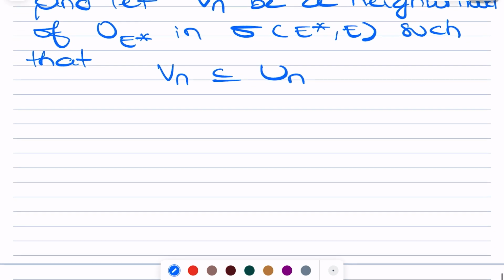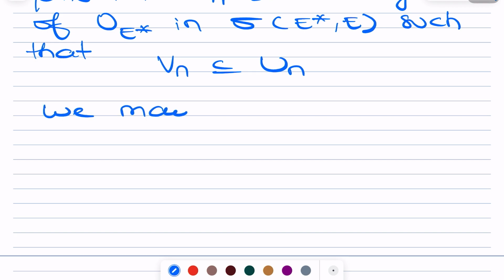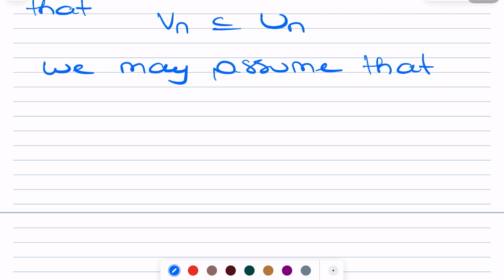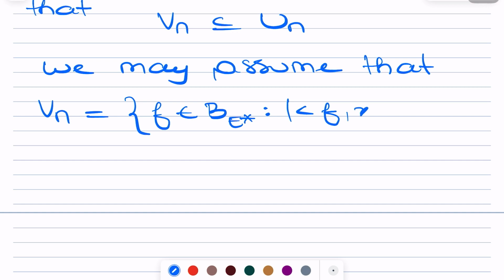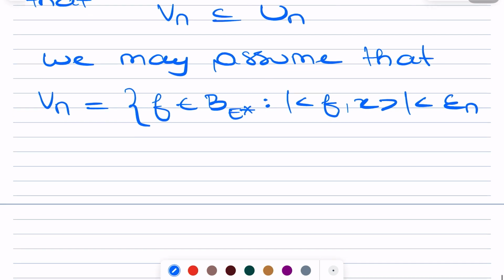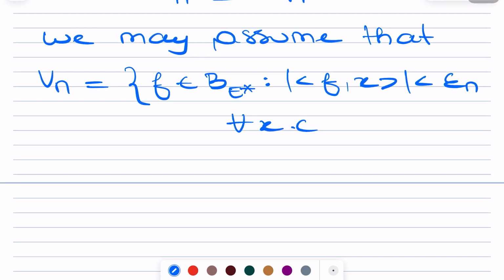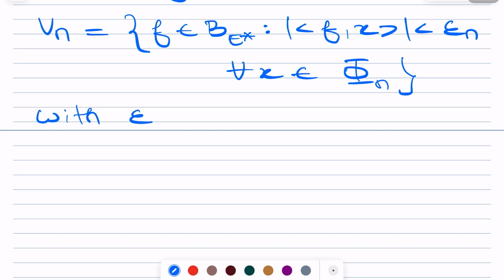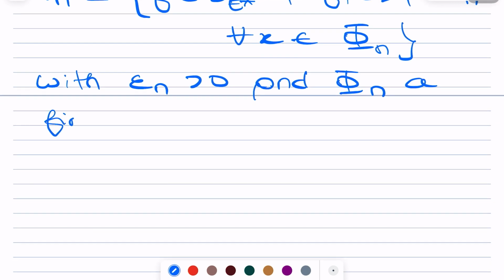Okay, so again, we may assume that Vn has the following form: the f in the closed unit ball, such that the absolute value of f(x) is strictly less than epsilon n, and this for every x in phi n, with epsilon n positive and phi n being a finite set of E. Good.